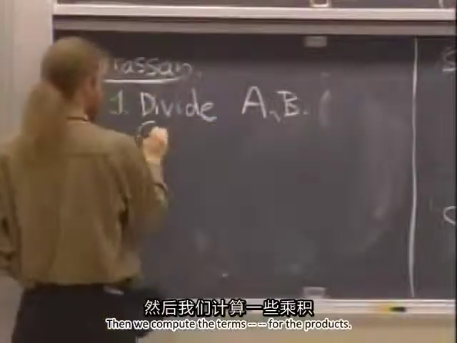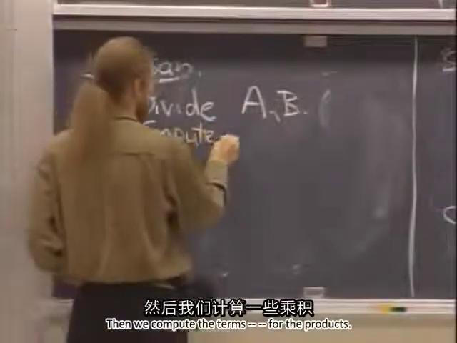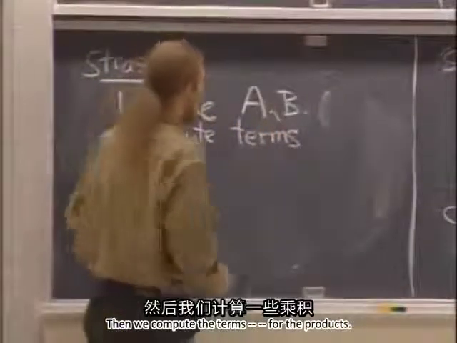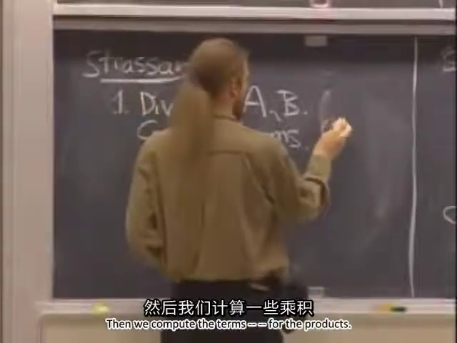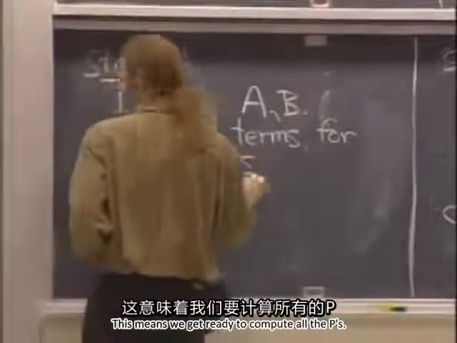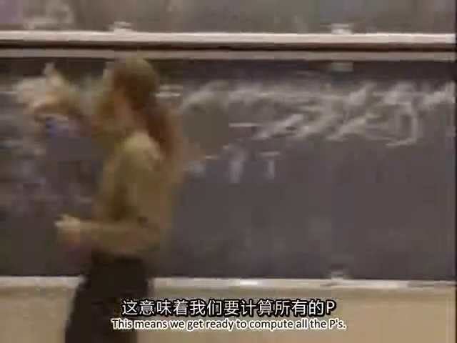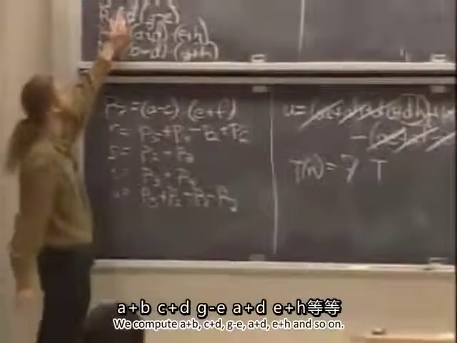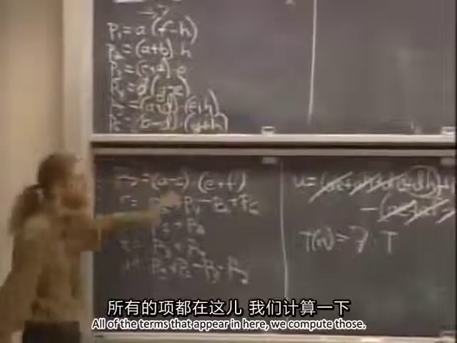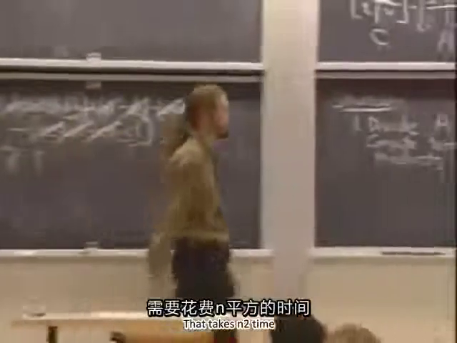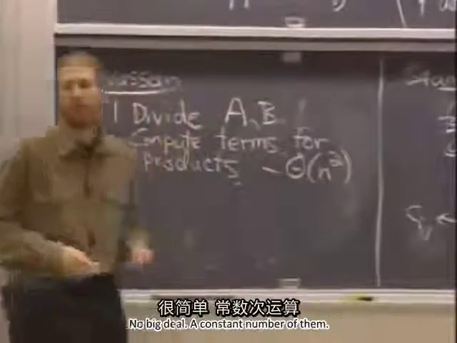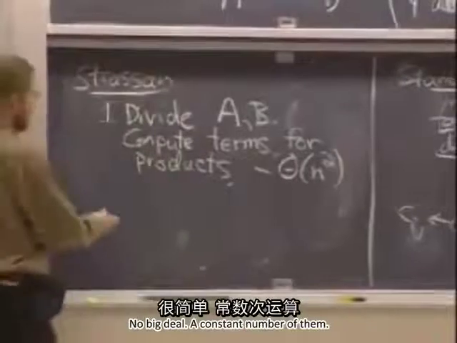Then we compute the terms for the products. So this means we get ready to compute all the p's. We compute a plus b, c plus d, g minus e, a plus d, e plus h, and so on. All of the terms that appear in here, we compute those. That takes n squared time because it's just a bunch of additions and subtractions. No big deal. Constant number of them.